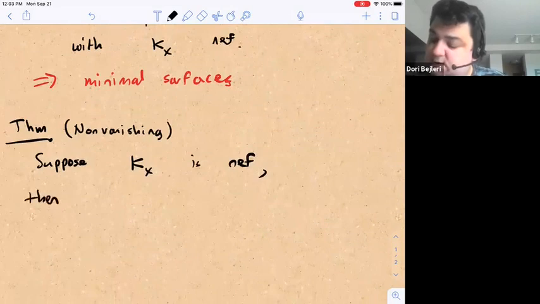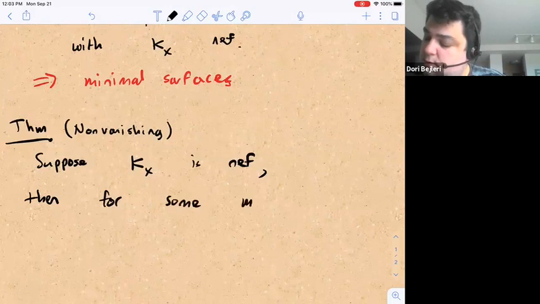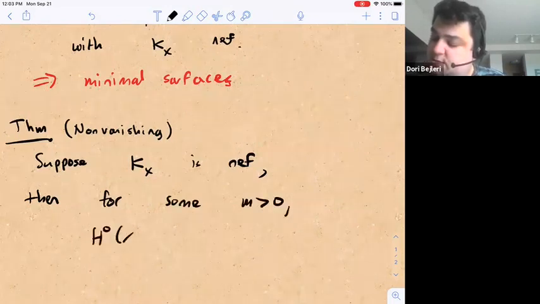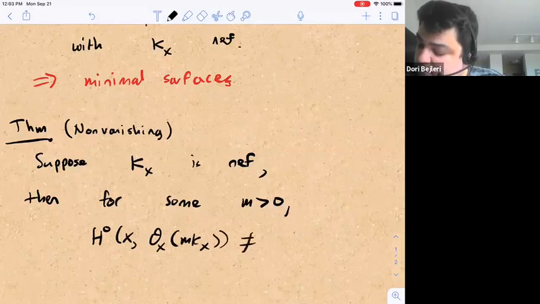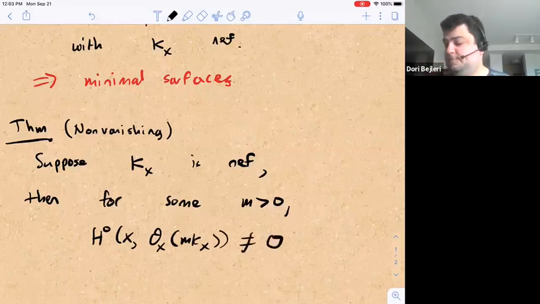Then there exists some integer m such that the pluricanonical divisor mK_X has sections. And so that's why I called it the non-vanishing theorem.